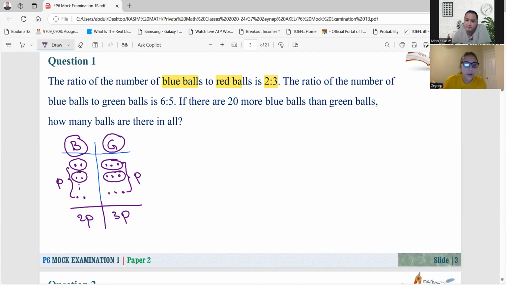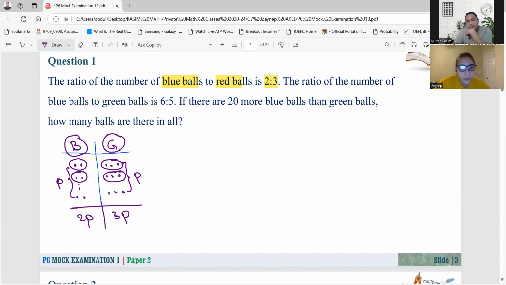So for 6 to 5, if there's 6 blue balls, then there will be 5 green balls.